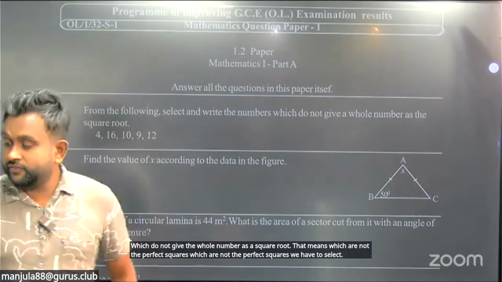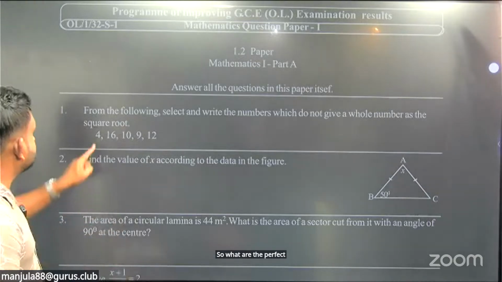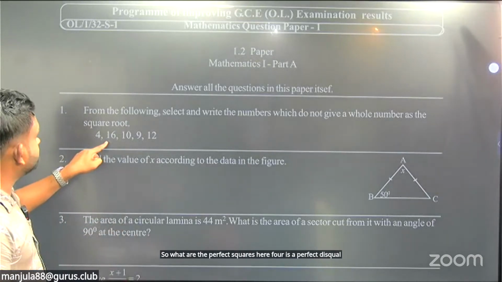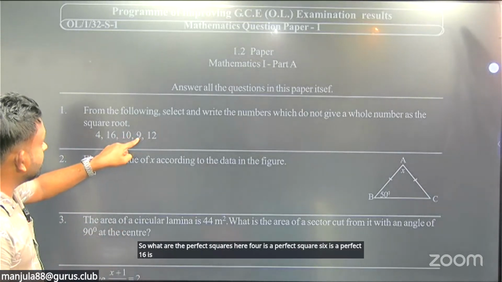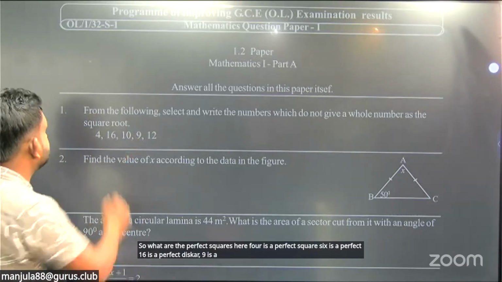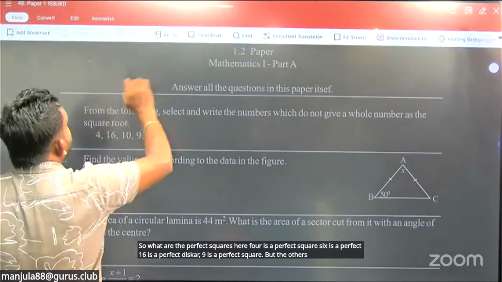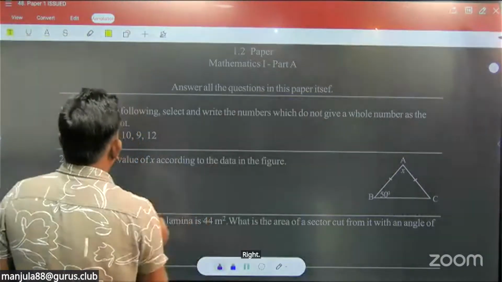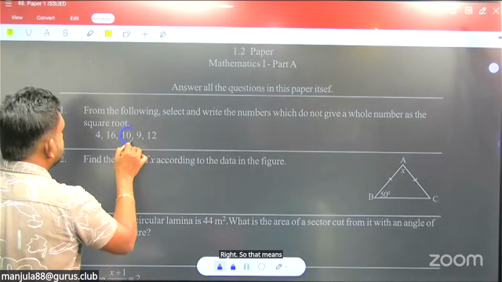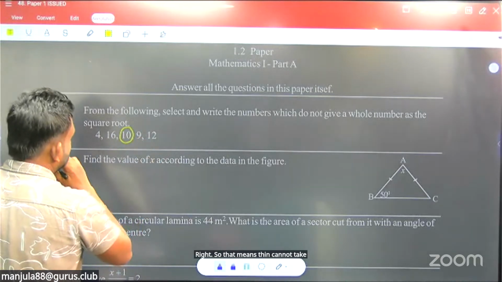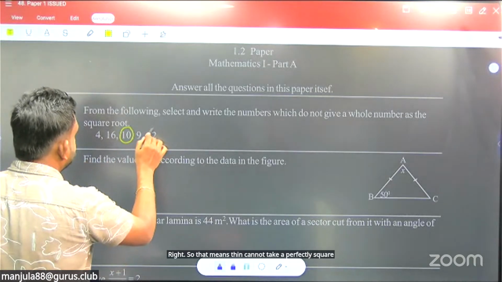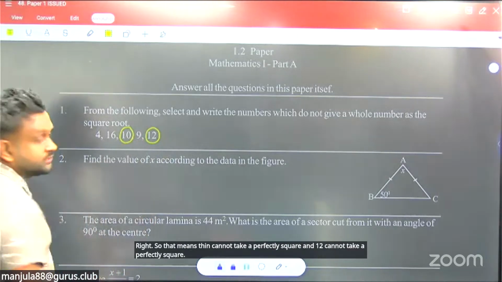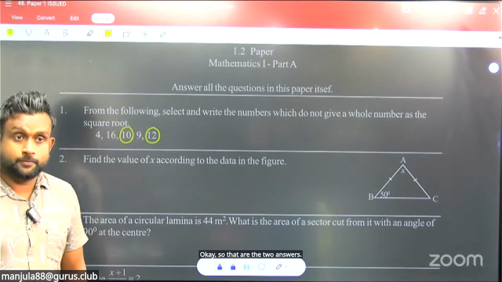So what are the perfect squares here? 4 is a perfect square, 16 is a perfect square, 9 is a perfect square. But the others are not perfect squares, right? So that means 10 is not a perfect square and 12 is not a perfect square. Okay, so those are the two answers here.